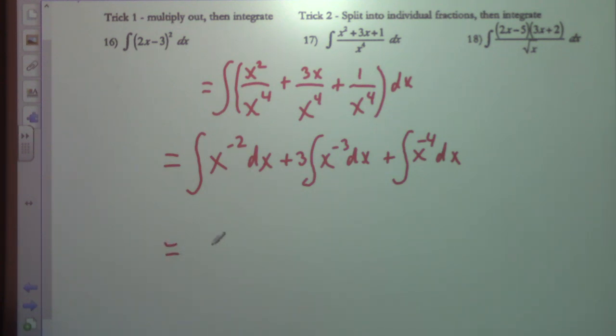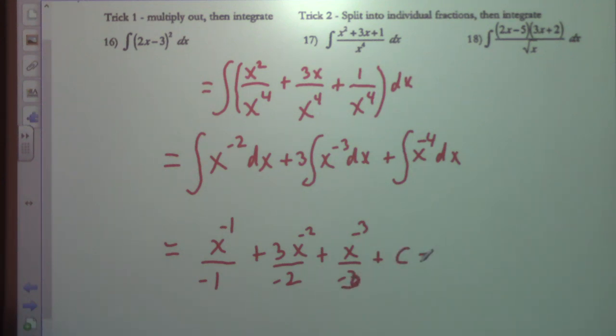So now we go ahead and take, this is going to be x to the negative 1 divided by negative 1, plus 3 x to the negative 2 divided by negative 2, plus x to the negative 3 divided by negative 3, plus C. That's supposed to be negative 3.